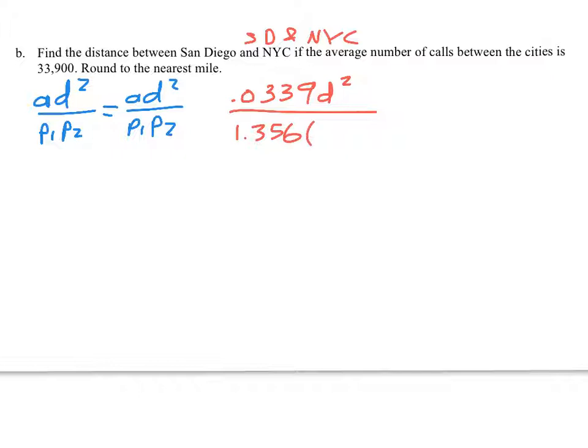Population for New York, we were told, was 8.406. Okay, they don't give us a pair of cities to relate it to, so we're going to have to use something we've already used. I think we'll use LA and San Diego.